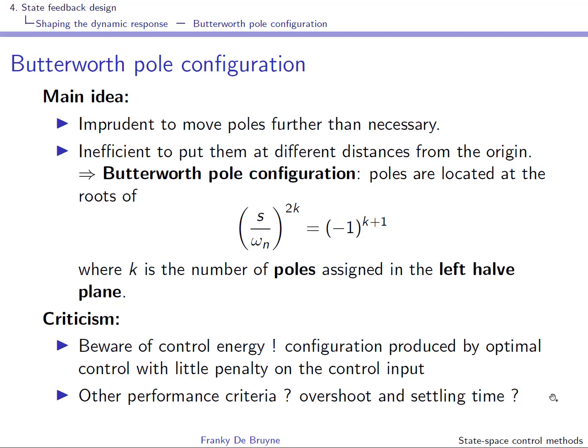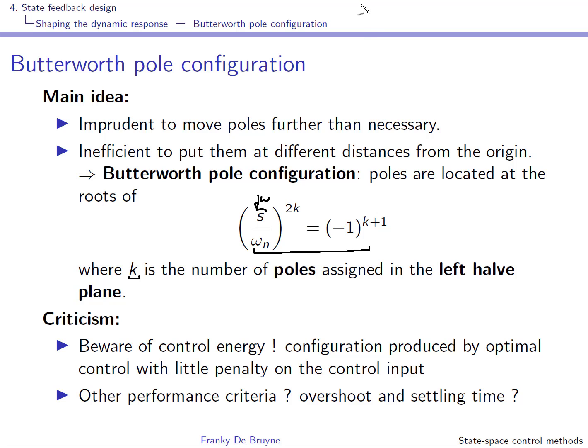The Butterworth pole configuration is obtained using this equation here, where s is really j omega and k is the number of poles assigned in the left half plane. This equation is of power 2k, so there will be 2k roots, but only k of them will be in the left half plane, and these are the ones that we have to select.